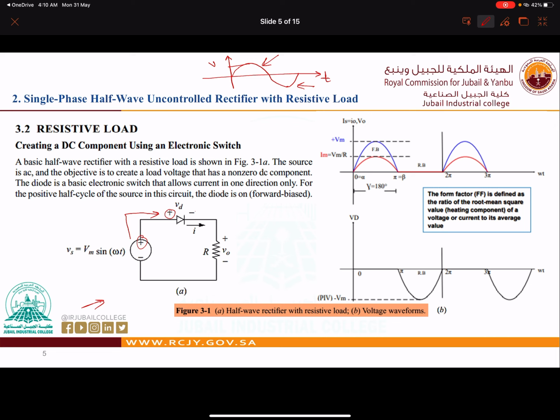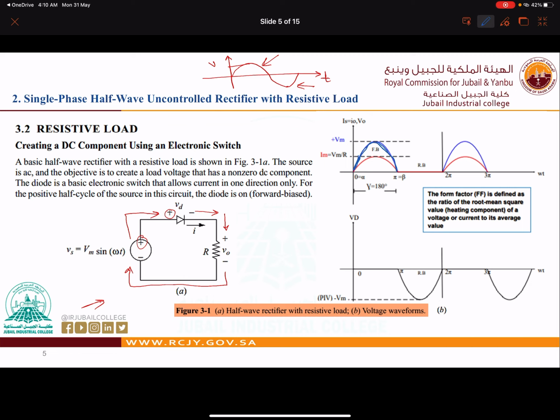We have current here, and then it will go through the load, and it will come back to the source. This is for the positive cycle. Can you see here the blue color? This is our positive cycle. It will reach the maximum, and then it goes to 0, right?